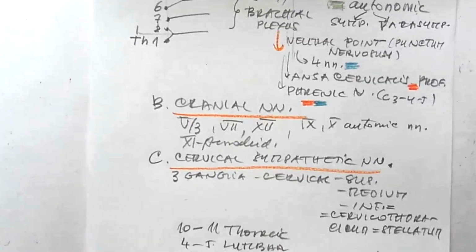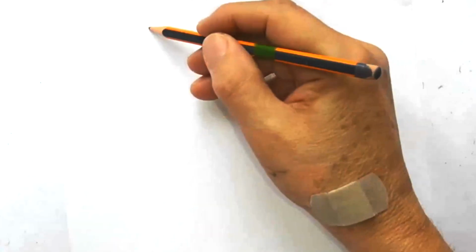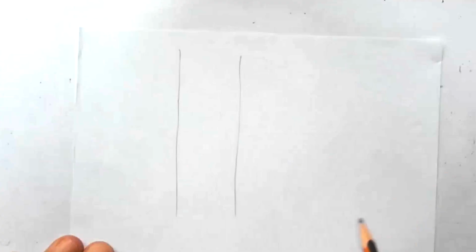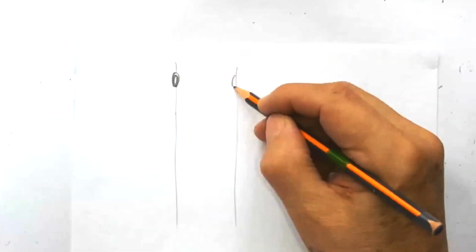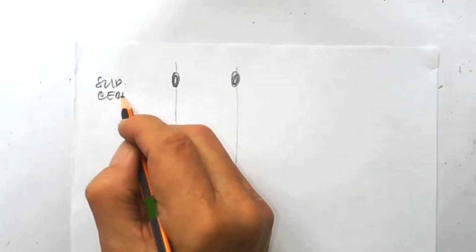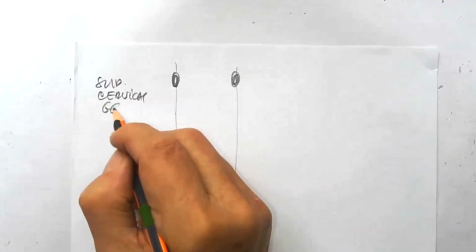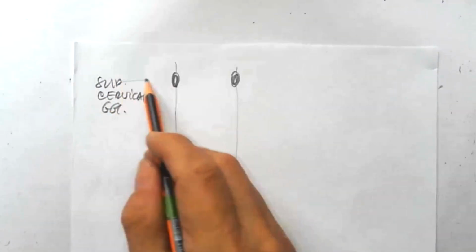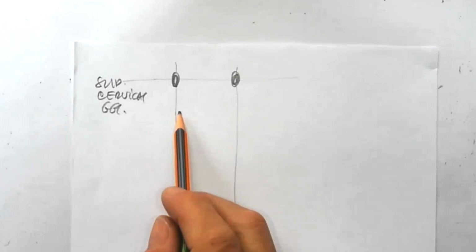So, a simple sketch on the next page. A simple drawing. Look, drawing 2 chains of the ganglia. First of all, the ganglion, I will just put superior cervical, that's it. Then they are interconnected, definitely.